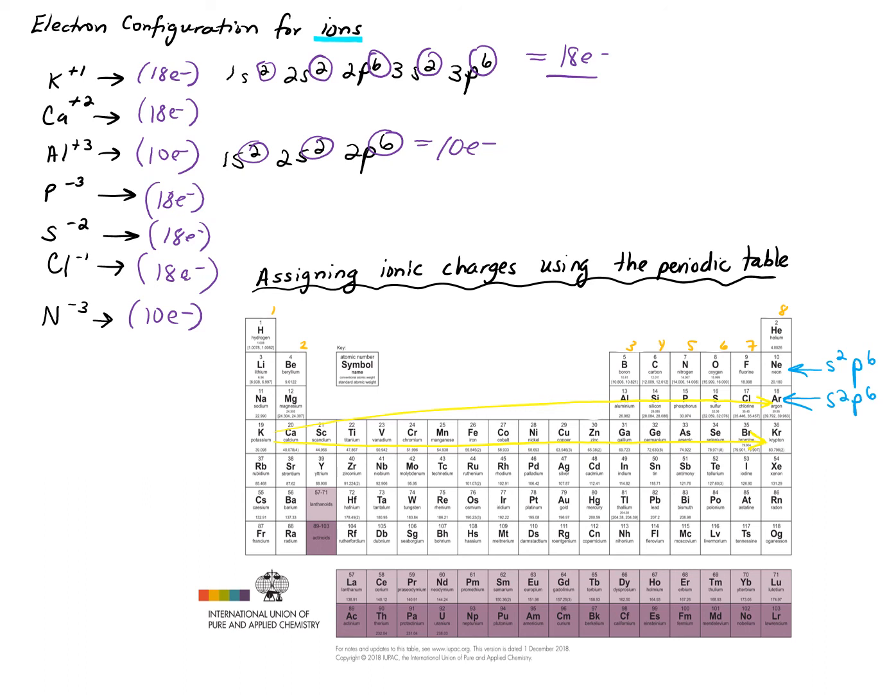If potassium wants to have the same electron configuration as a noble gas, right? The closest ones to potassium are argon, krypton. You can have also neon close to potassium with 10. For potassium to have the same electron configuration as neon, it will have to lose 9 electrons to go from 19 down to 10.